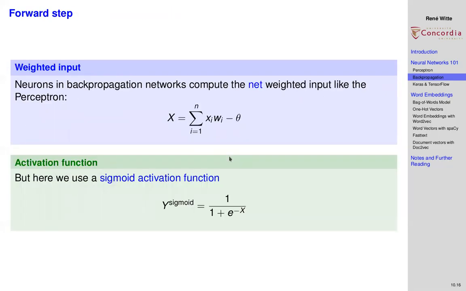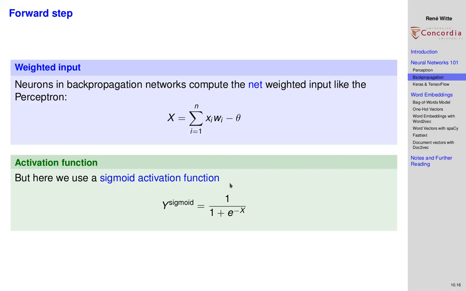So first, the output step. This works just like before. First, we have this weighted sum, just like in the Perceptron. The only difference here is that we don't use this step activation function. We're going to use a sigmoid activation function. Later on, you'll see people use lots of different activation functions in these networks.